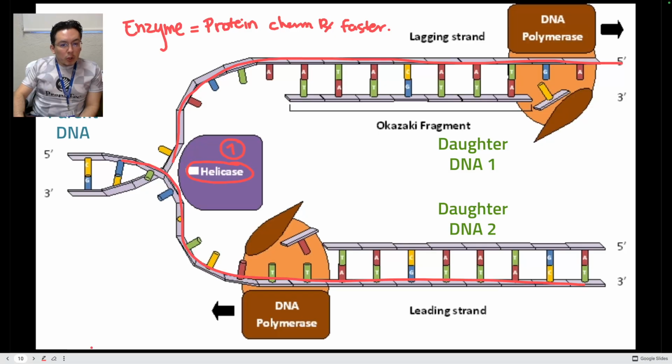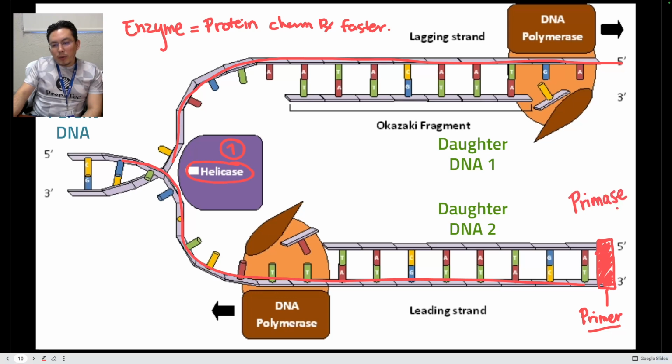Now, step number two is not shown in this diagram, but let me put it in here. See this red square that I'm placing in here. Let's say that this thing is called a primer. And this primer will be placed by an enzyme that is called primase.